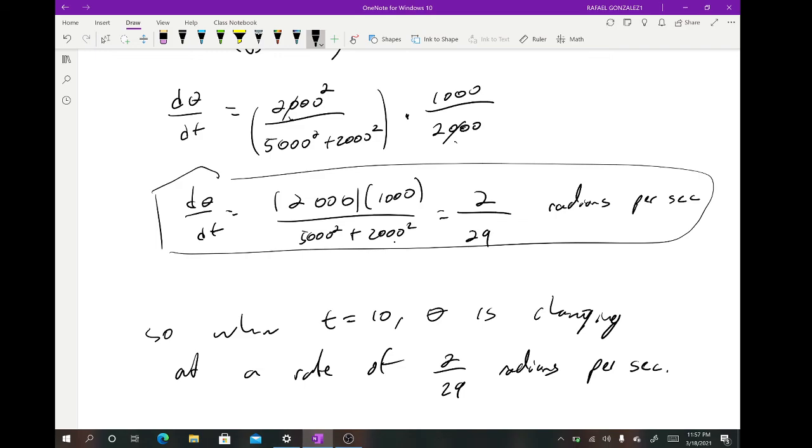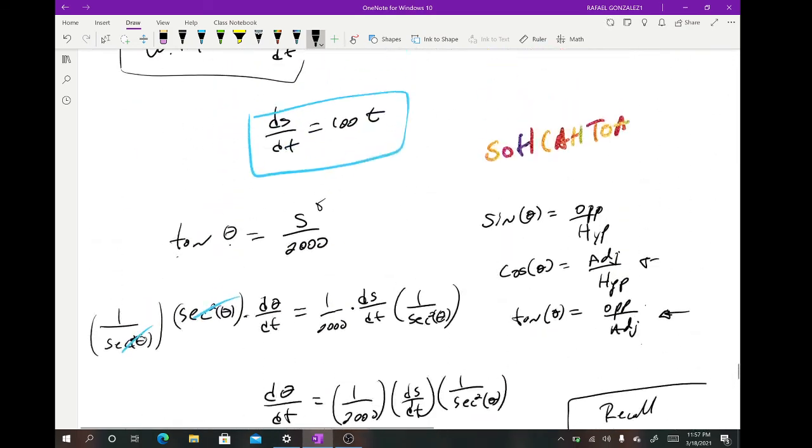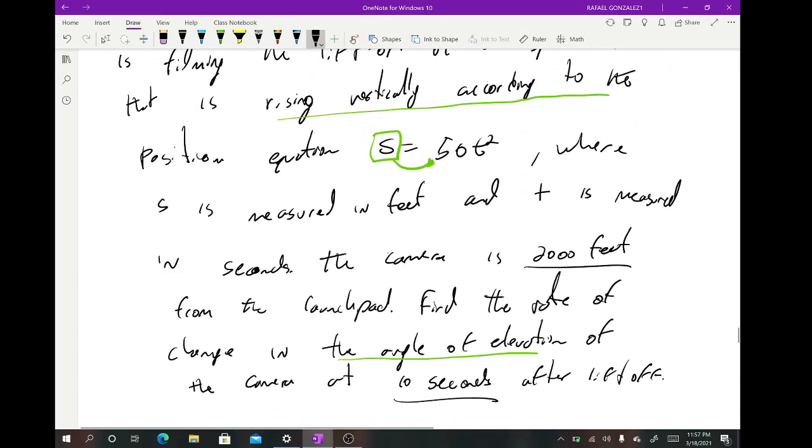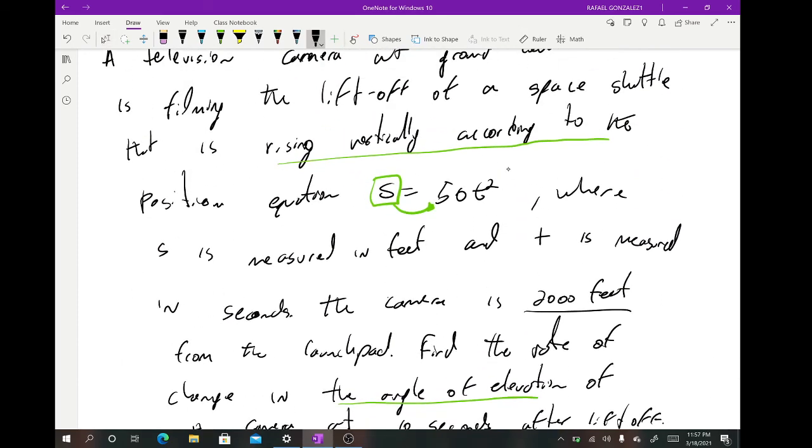This was a long problem, but it's a very good problem, because notice how many times we had to actually rewrite our equations. We were not given the height as being constant. The height was changing. It was variable. It was in terms of a variable. It was varying with respect to time.